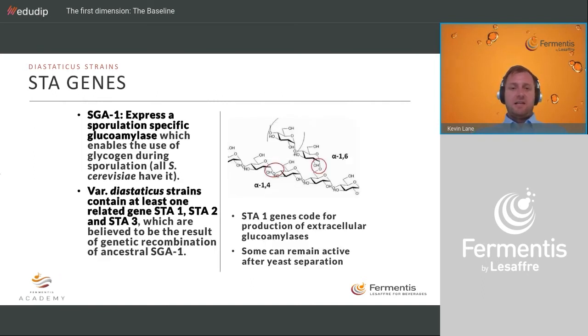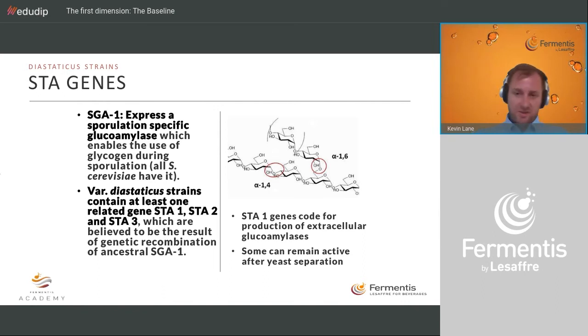What's interesting is that there are SGA genes, which express a sporulation-specific glucoamylase, which enables the use of glycogen during sporulation, which all Saccharomyces cerevisiae have. The variety Diastaticus seems to have the STA genes or something similar, which seems to be a genetic recombination of the ancestral SGA genes, which then give this yeast the capability of producing extracellular glucoamylase.